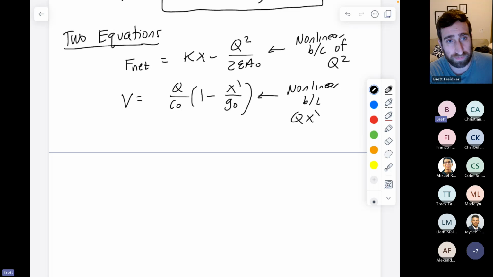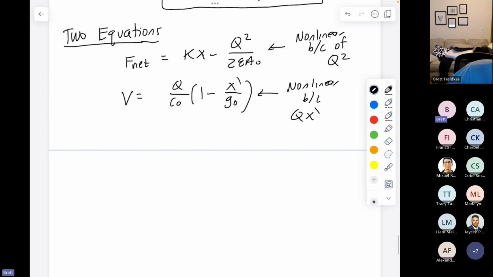Yes. And we typically don't like nonlinearities, right? Nonlinearities we usually avoid. We want things to be linear. So what we would have to do is linearize.